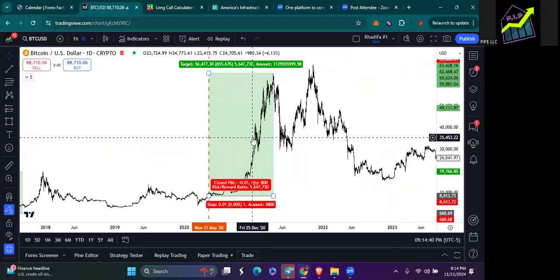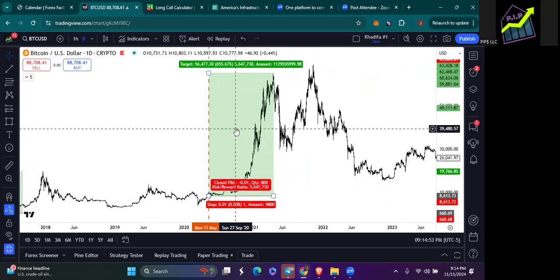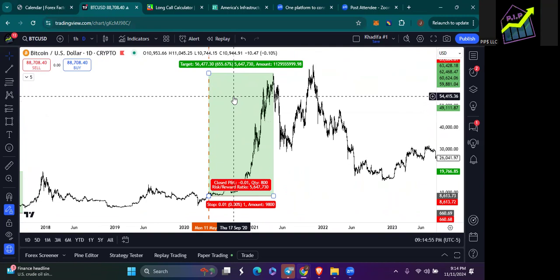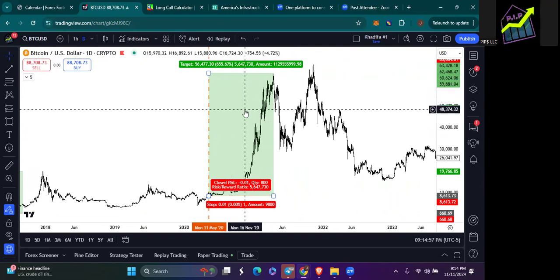For the next halving in 2020, the previous halving before the halving that we're currently in, Bitcoin increased 655%.